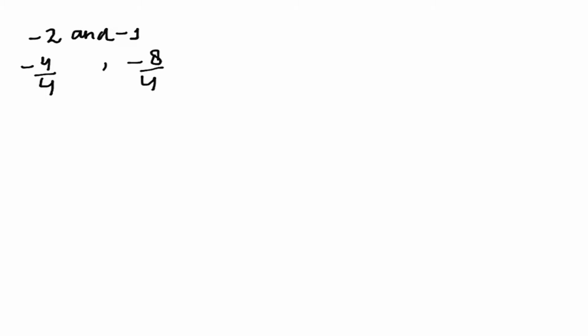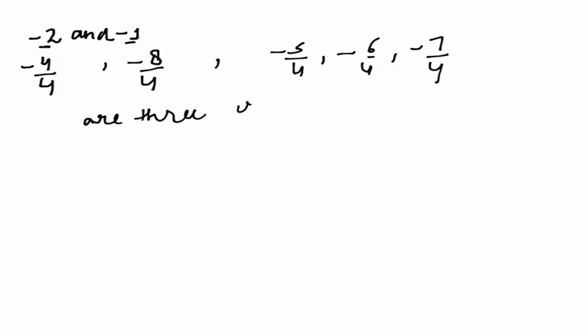The only thing is we have to make the denominator the same, so here we are multiplying by 4. So we get -4 by 4 and -8 by 4. We have to find three rational numbers between these: -5 by 4, -6 by 4, and -7 by 4 are three rational numbers between -2 and -1.